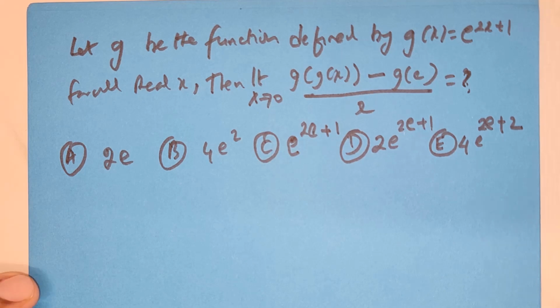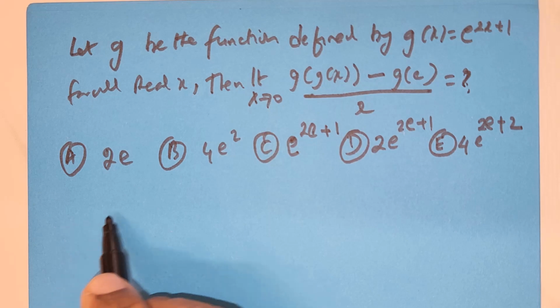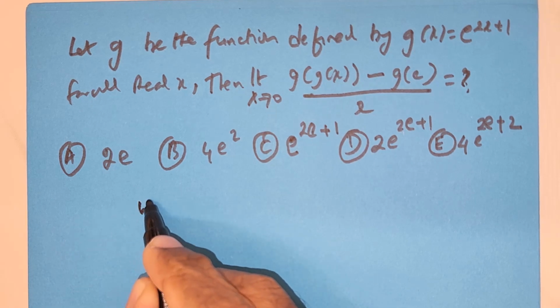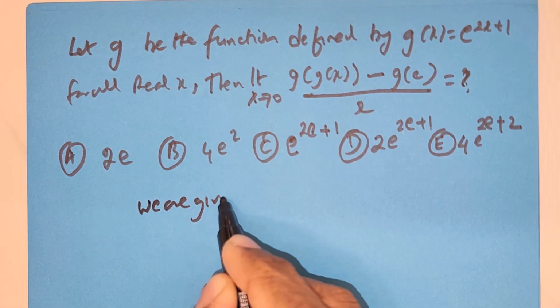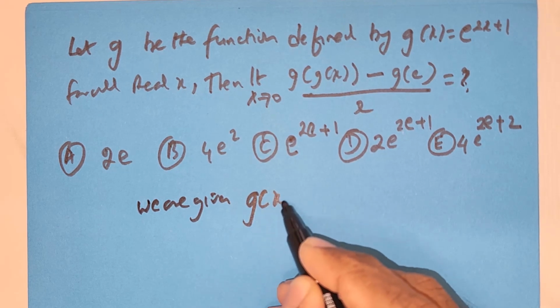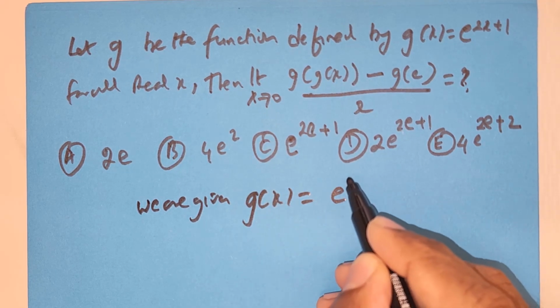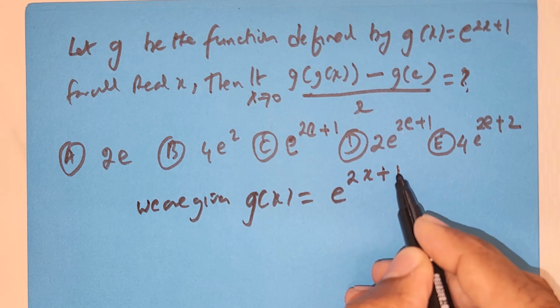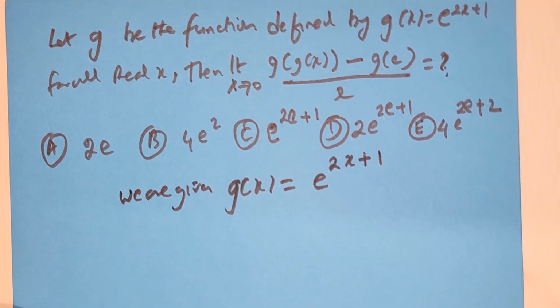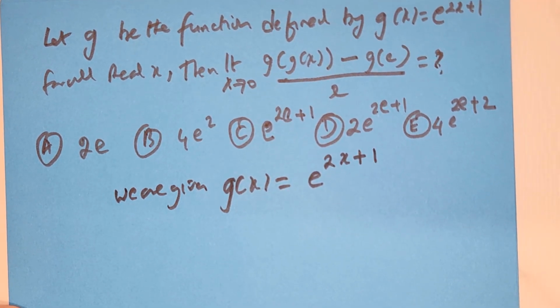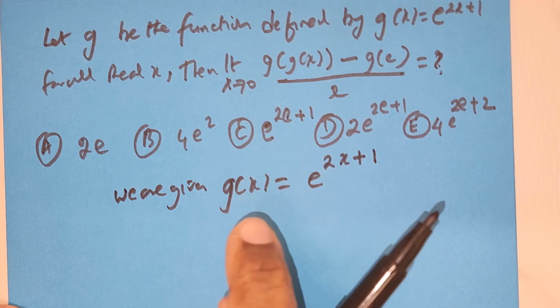Okay, so I hope you all have got the solution. So let's move on. Now what we are given is that g of x is equal to e raised to the power of 2x plus 1.